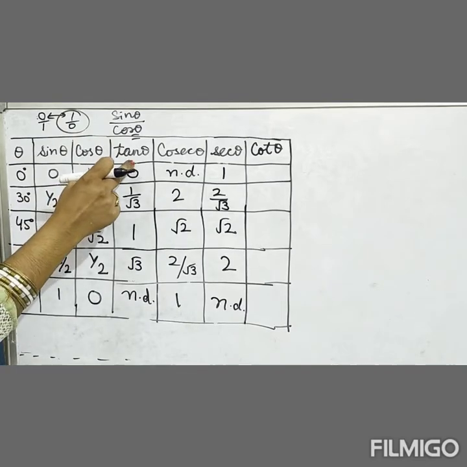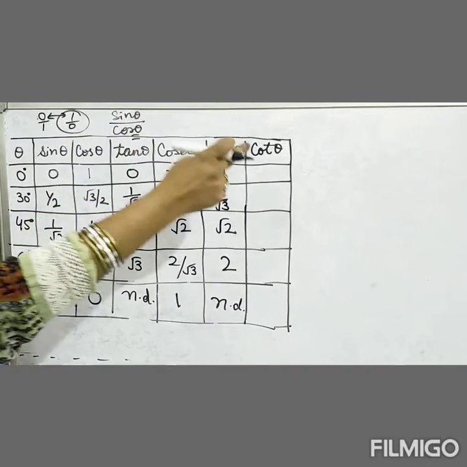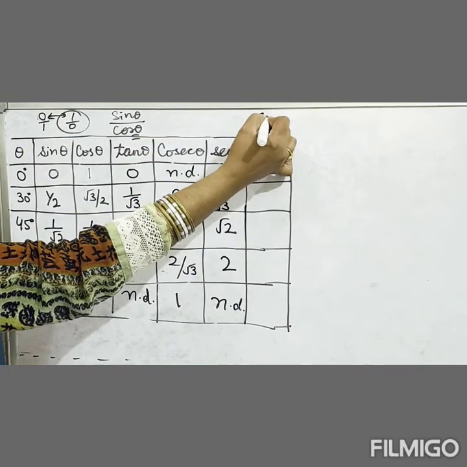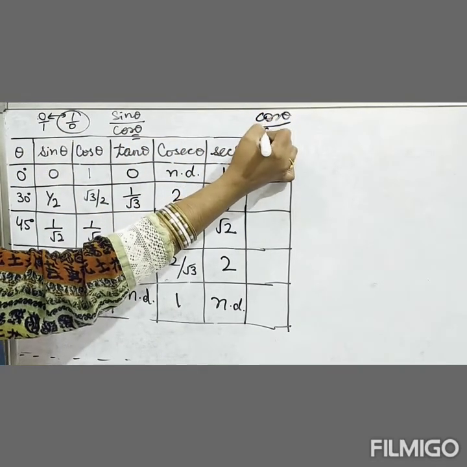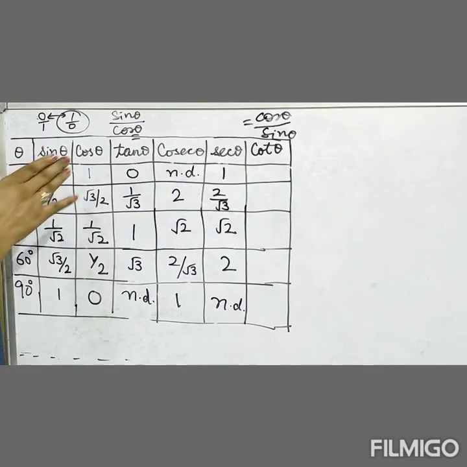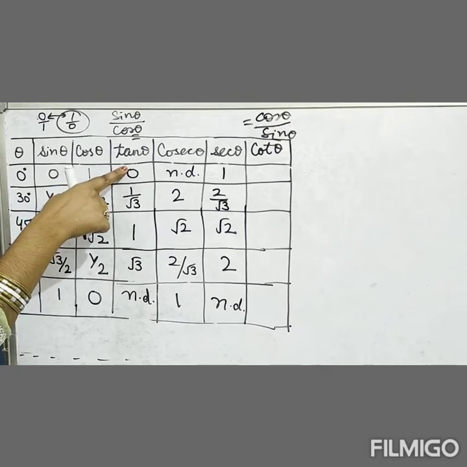Now as tan theta is sine by cos, similarly we can get cot theta as cos theta by sine theta. So if I divide the values of cos theta by sine theta, I will get the values for cot theta, or we can get it from here too.